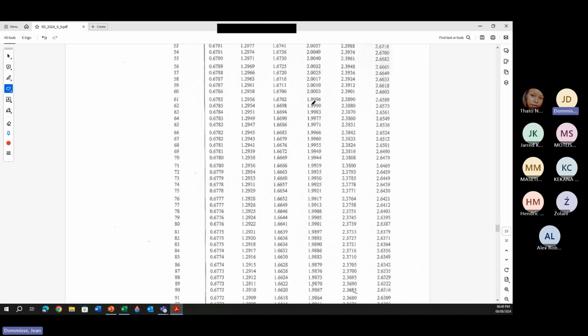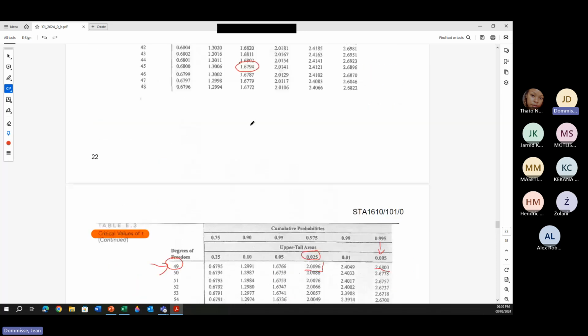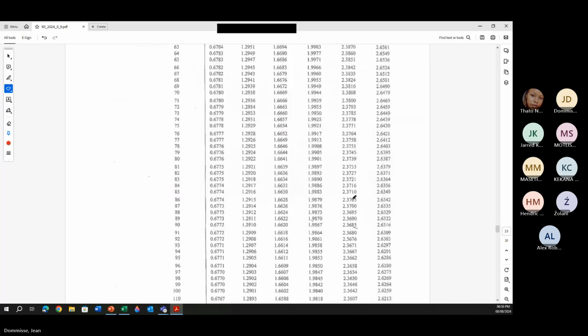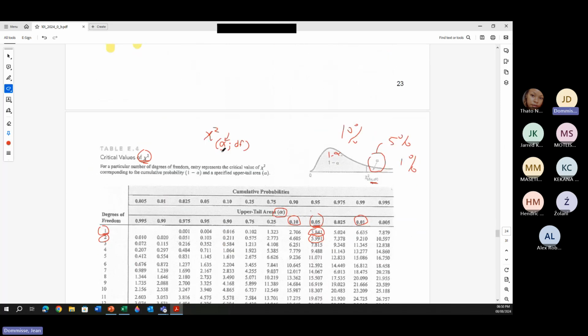Remember, when we look at the t, we look at the degrees of freedom and we look at alpha divided by 2. So that's the big difference between the two: here it is just alpha, it's not alpha divided by 2. So that for me is one of the critical things.